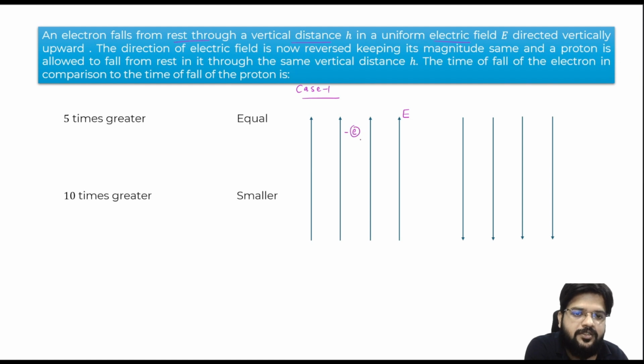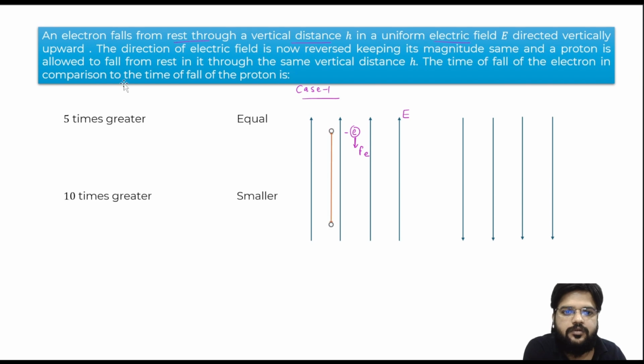The electron has negative charge and it is falling, so definitely the electrostatic force Fe will act in the downward direction. The electron falls h distance, from here to here, this is h. And the mass of the electron is me.